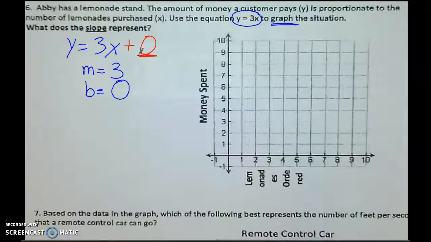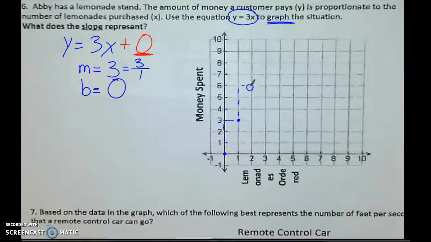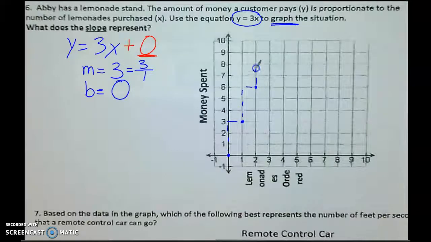So we didn't have to add it since it's 0. So b equals 0. Now, graphing it. Beginning at the y-intercept, we start at 0. And then our slope, 3 equals 3 over 1. So up 3 over 1. Rise 3, run 1.